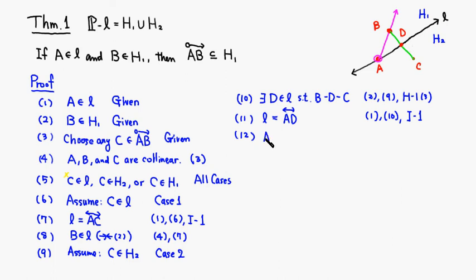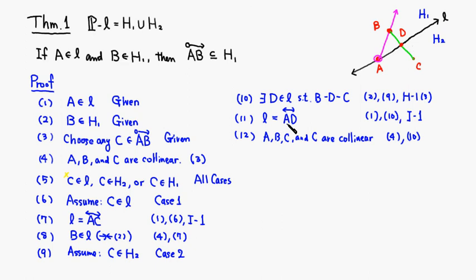So A, B, C, and D are collinear. I'm combining line number 4 and line number 10.